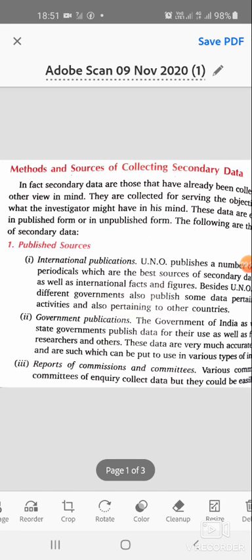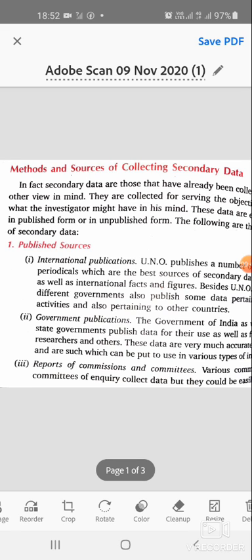If we classify the sources, we can classify them into published source and unpublished source. Let's recall, secondary data is collected by others. Published sources are classified into five parts.